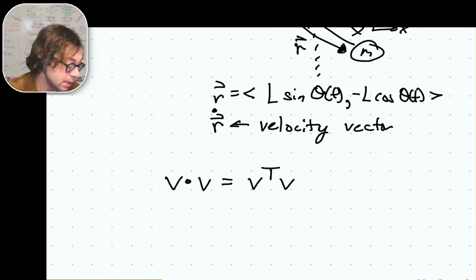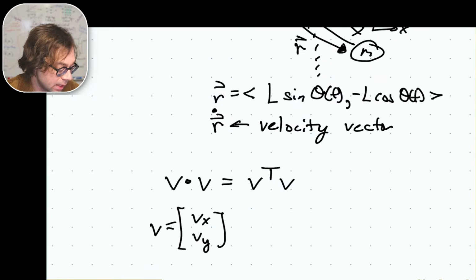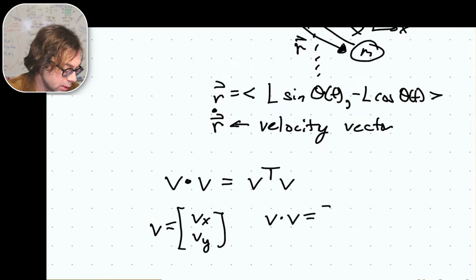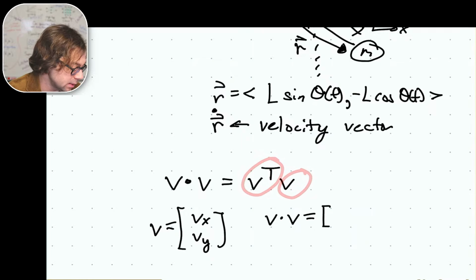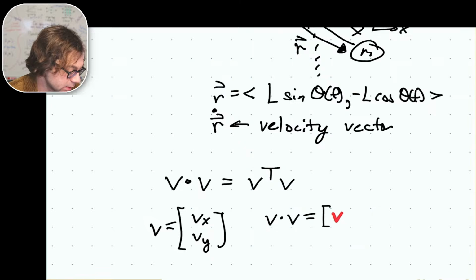Well, it's because if v is a column vector, here's like vx and vy, then v dot v is going to be v transpose times v. It's going to be vx vy.